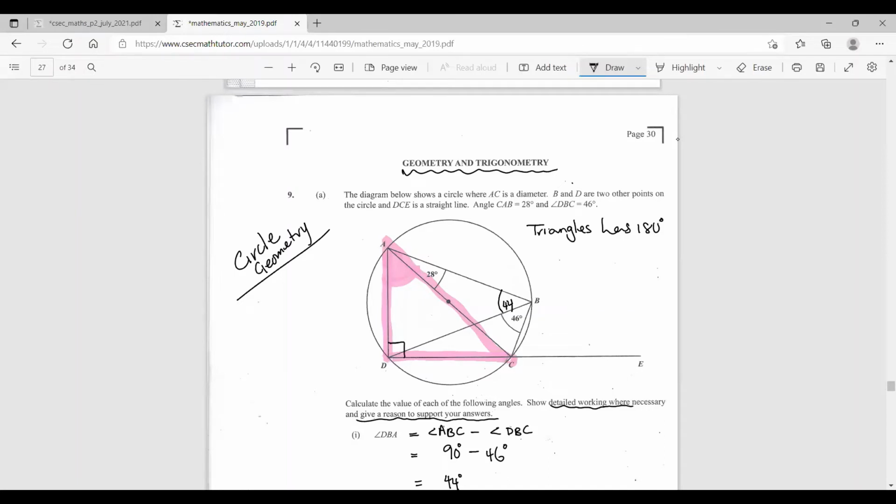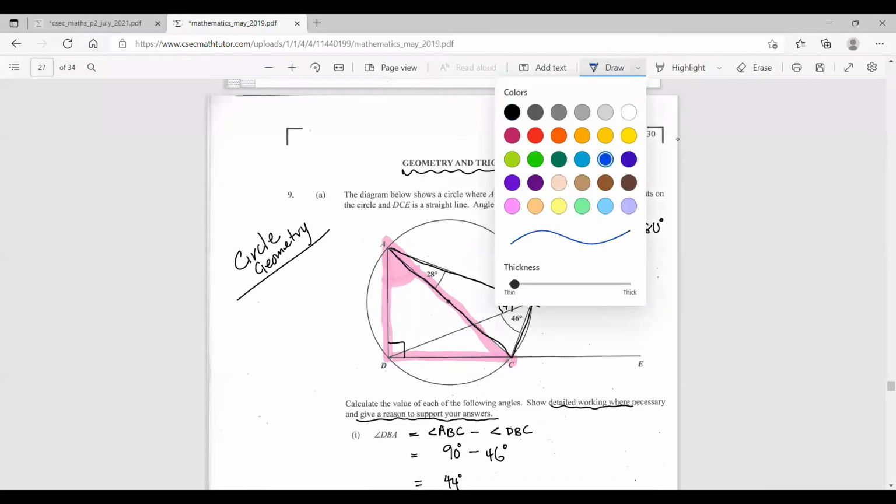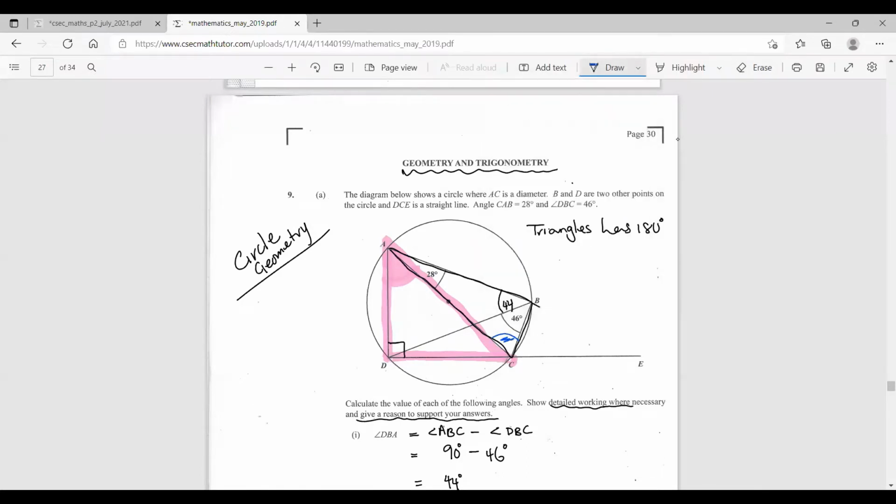So if I have this here, I know that on top is 28, I know that here is 44, and I know here is 46. Can I find the size of this angle here?